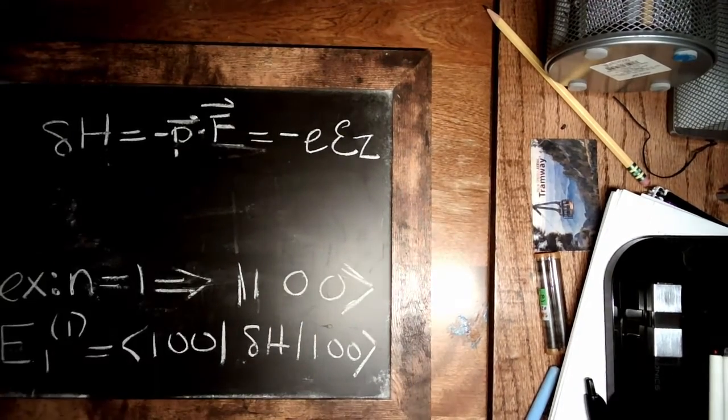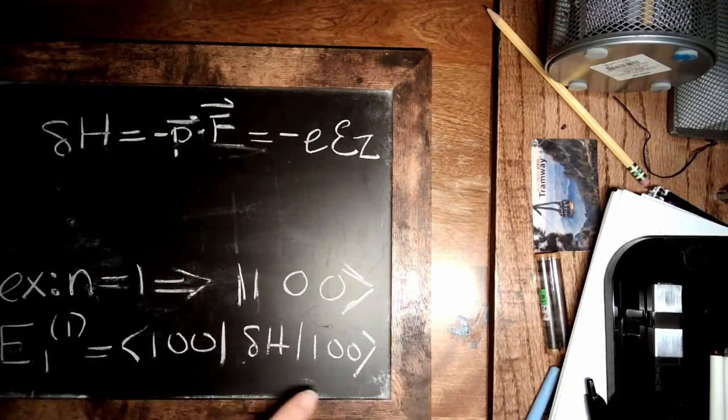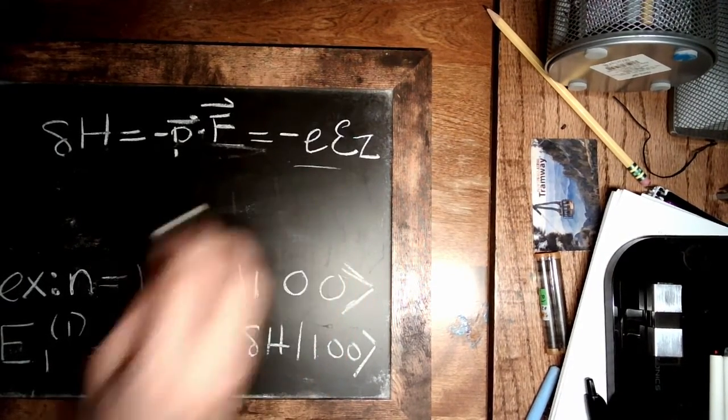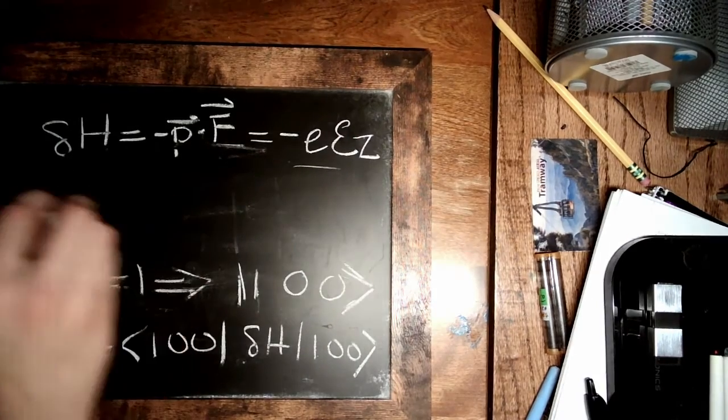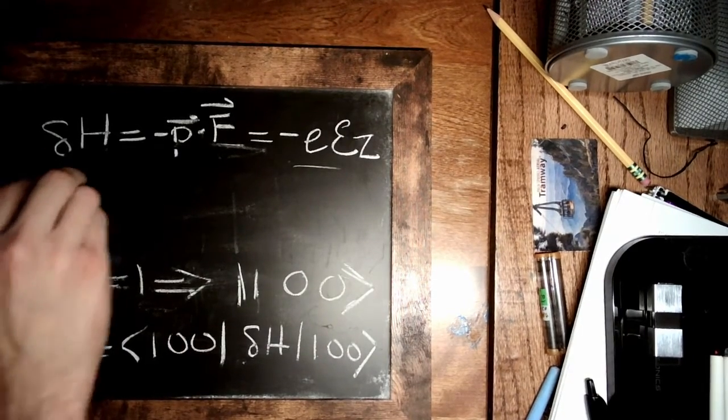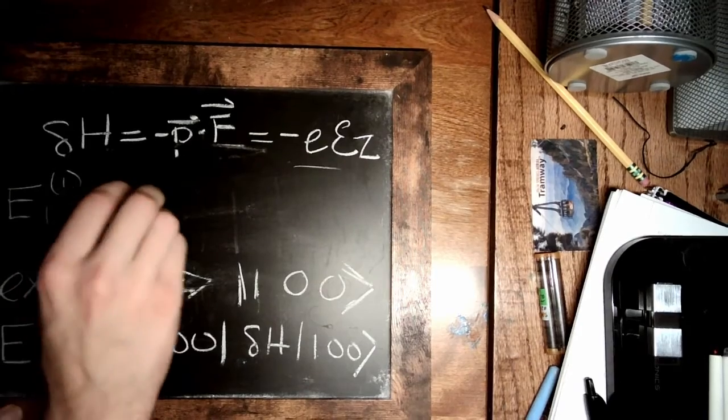So we can plug that into the equation for delta H with these terms just hopping out front. And we get this.